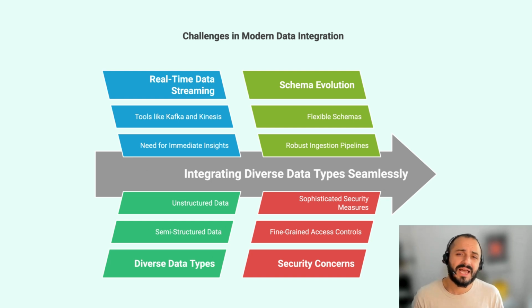Modern data ingestion now includes semi-structured or unstructured data from sources like JSON logs, social media feeds, or IoT sensors, which require flexible schemas and robust ingestion pipelines. Platforms are stepping up their game by offering native support for these data types, or by providing easy integration with tools that can transform and load the data.